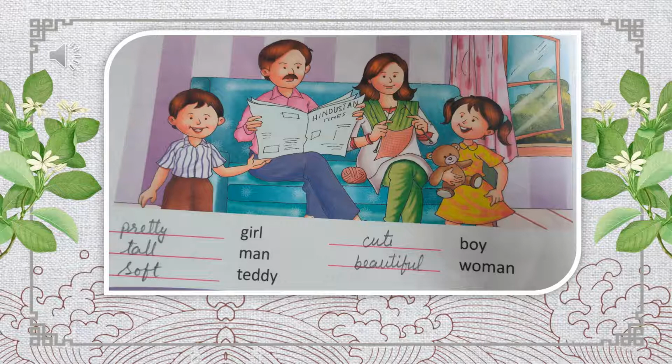Teddy, soft teddy, cute teddy, new teddy, brown teddy, big teddy, small teddy. Any word we can use. Boy, cute boy, a happy boy, small boy, intelligent boy, strong boy, thin boy, tall boy, any word we can use.